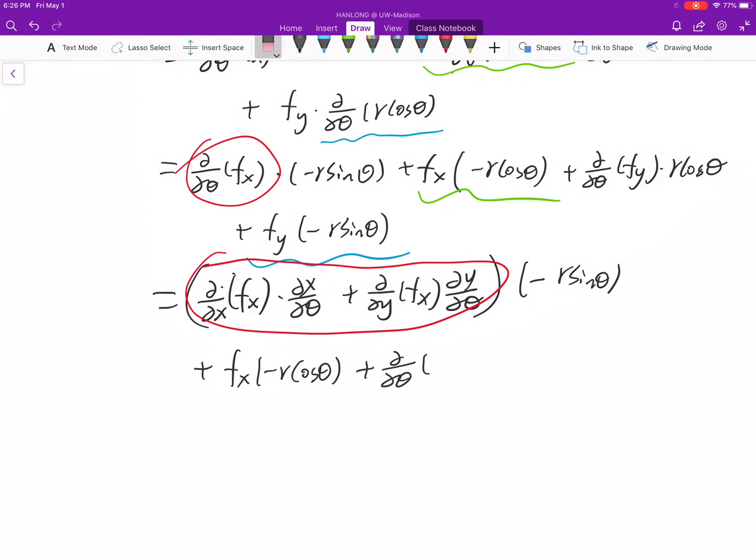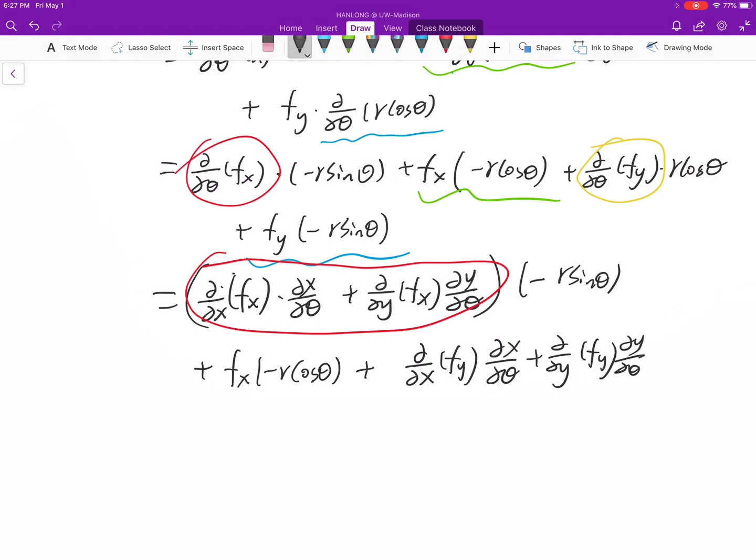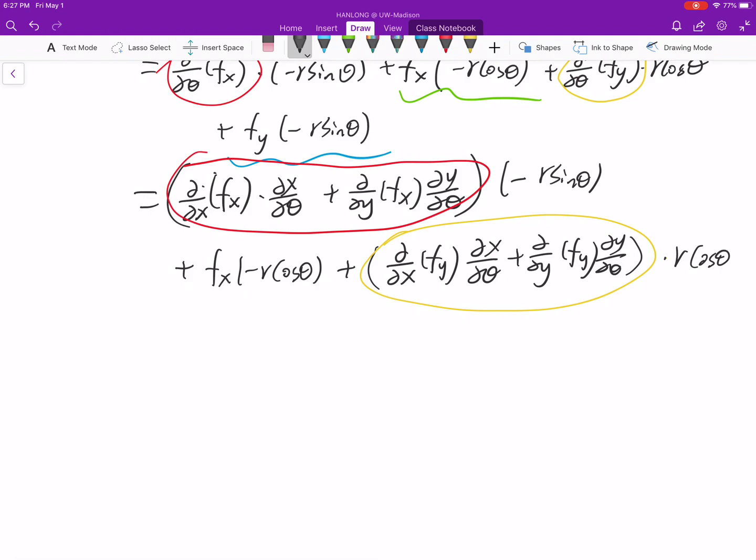Okay, so here similarly you will have this one. By chain rule, partial x fy partial x partial theta plus partial y fy partial y partial theta, times r cosine theta, plus fy times negative r sine theta.